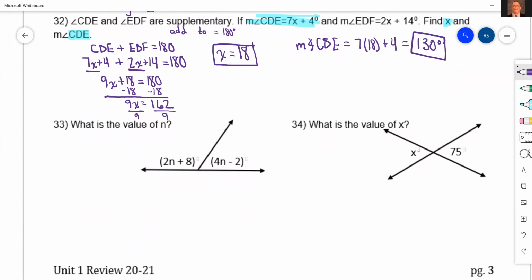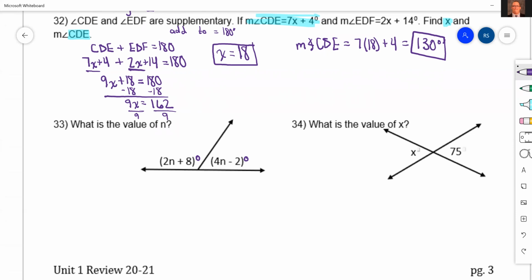Almost done with the review. 33 asks us, what is the value of n? Well, we've got two angles here. That should be a degree symbol. What do we notice, though, about those two angles?